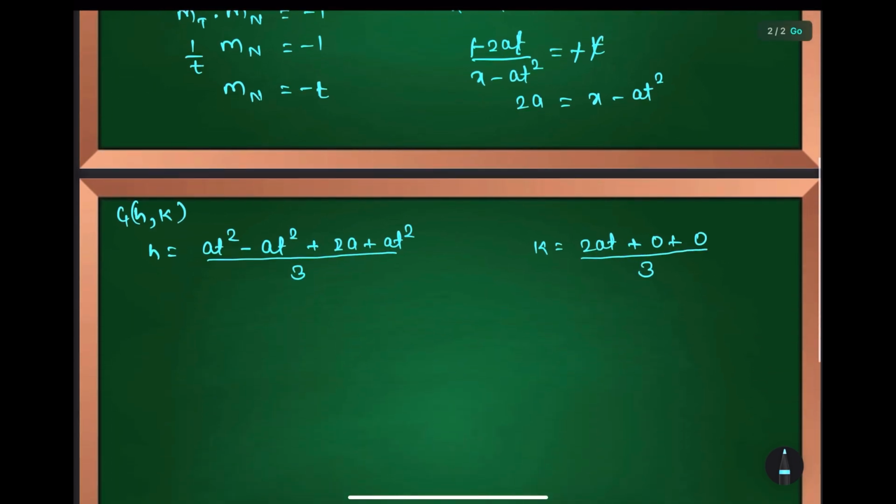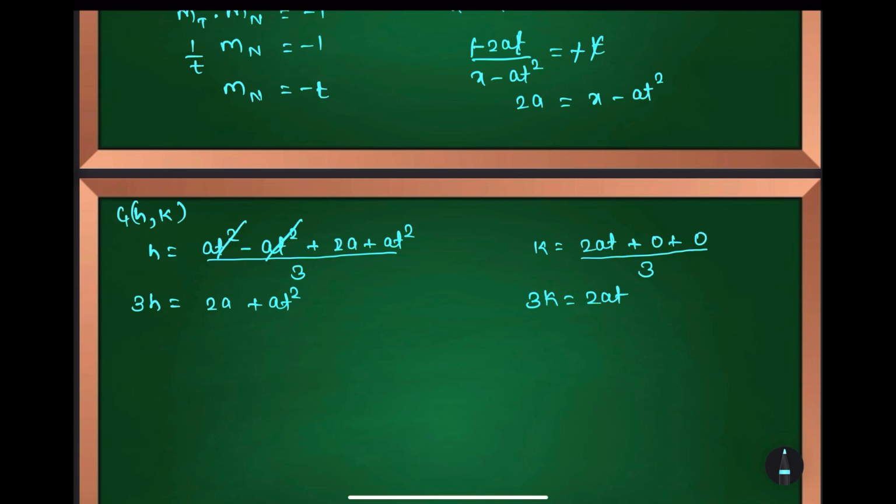Okay, so we got this situation. Can I say that this thing is gone? So 3h is equal to 2a plus at², and we got 3k is equal to 2at. Now you know that we are dealing with locus, meaning you have to remove the variables that you have introduced.